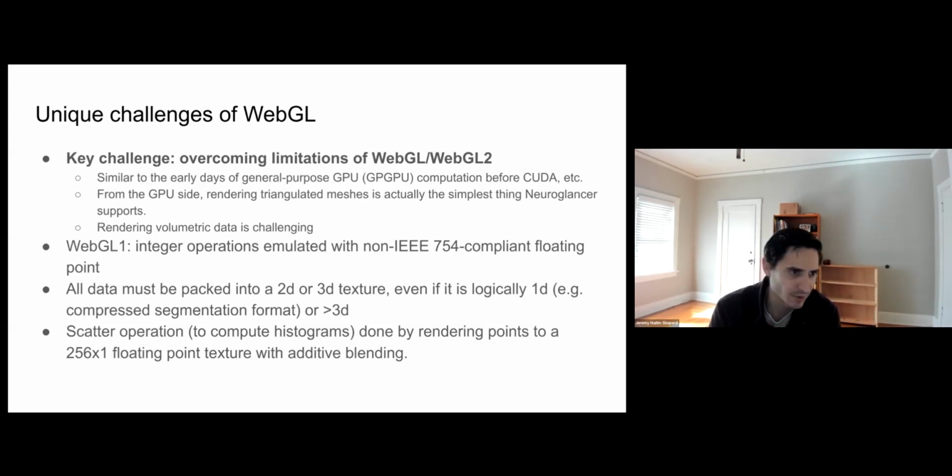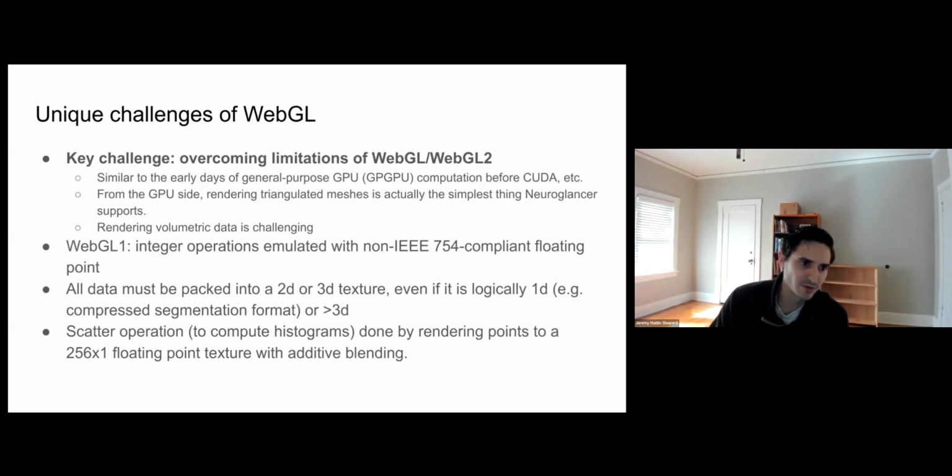But those were not actually supported by WebGL1, so we had to emulate them with floating point operations, and that was, by itself, okay, it's a little annoying, but you can think of a 32-bit floating point number as like a 23-bit integer, so it should be okay. But there's the added challenge that in WebGL1 implementations, we're also allowed to do all sorts of mathematically unsound optimizations.